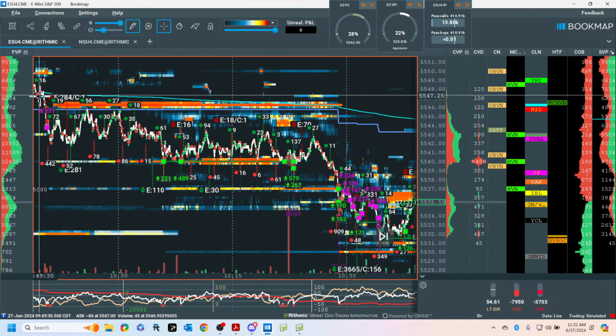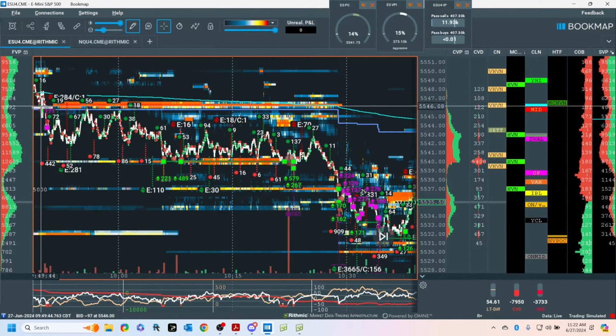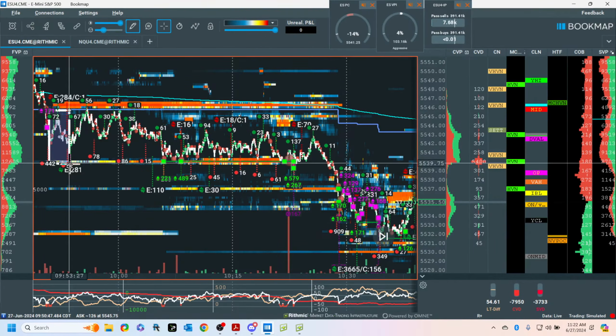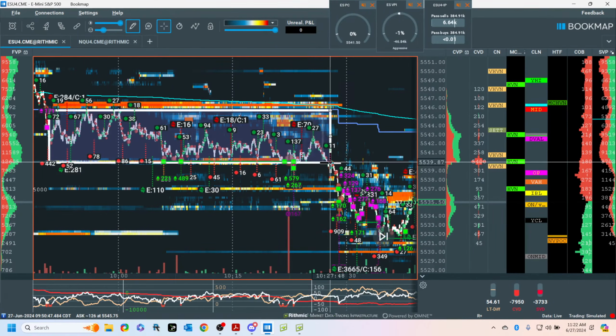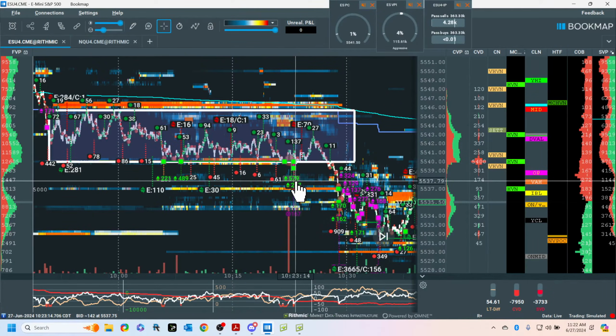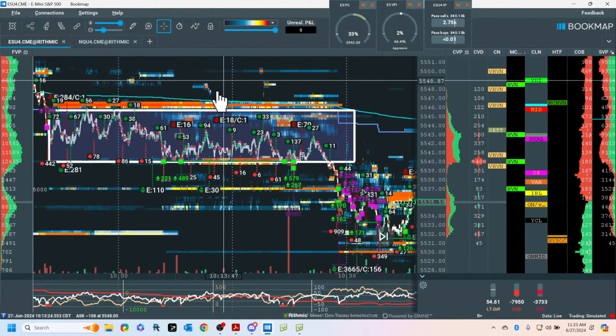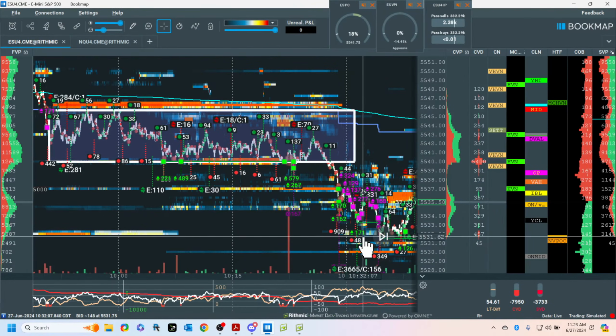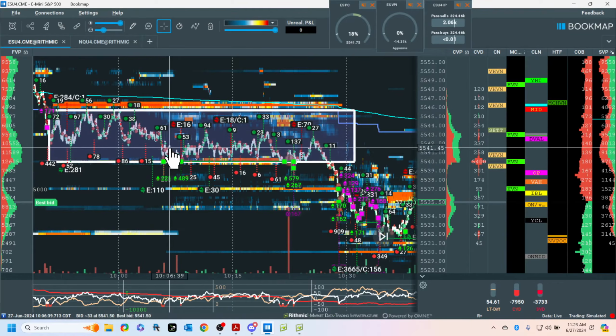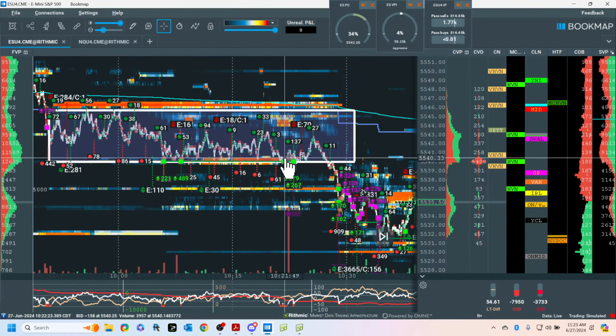I never know with these things. I'm going to try to outline this for you, as best I can. So this is a consolidation, and here, okay. So chop, chop, chop, chop. This is what your consolidation is, right?